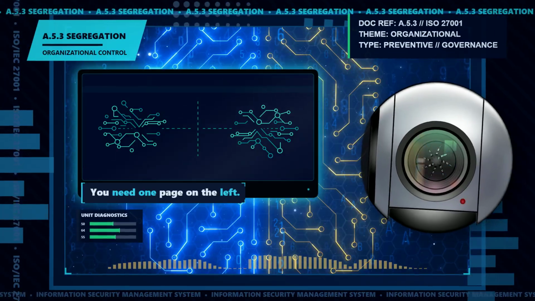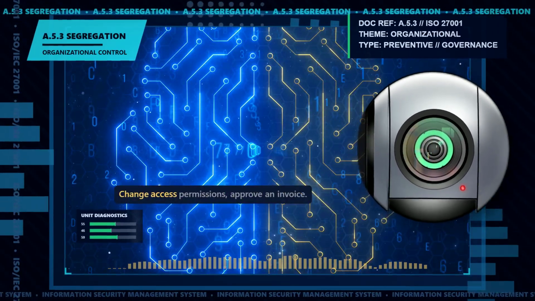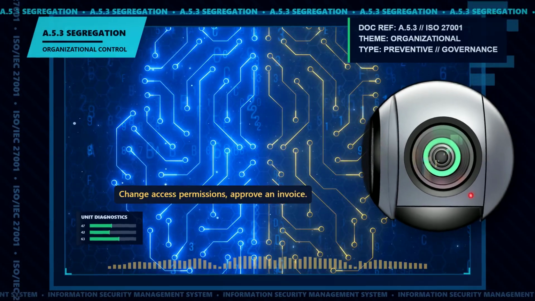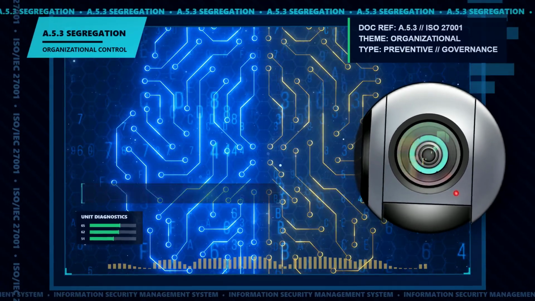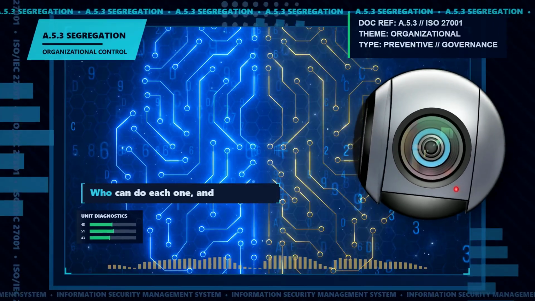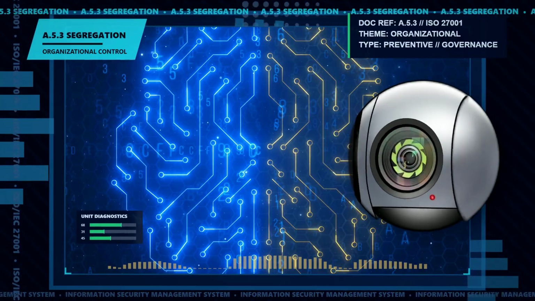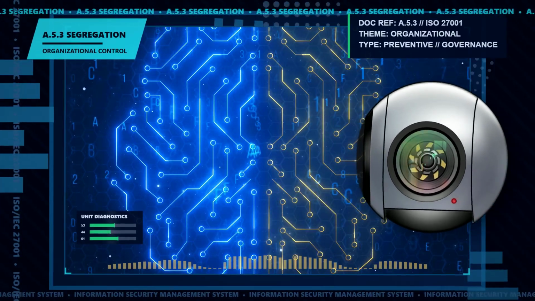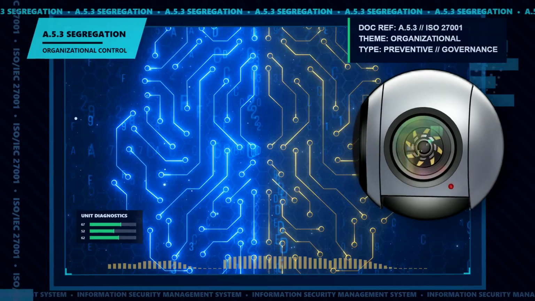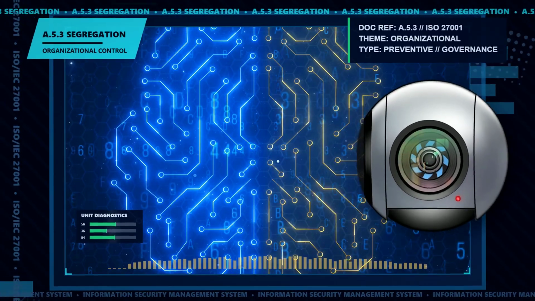On the left, the risky actions in your business: deploy to production, change access permissions, approve an invoice, delete or alter logs, add a new administrator. On the right, who can do each one and who checks. That is your analysis. If it does not fit on 1 page, you have gold-plated it, and you will abandon it in 4 months. And the auditor will find a document last modified before your product launched.